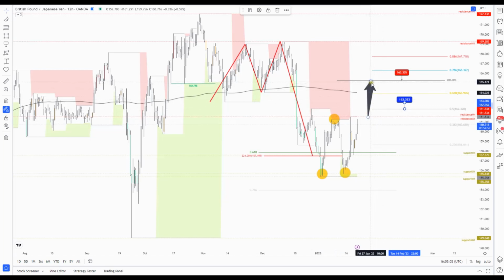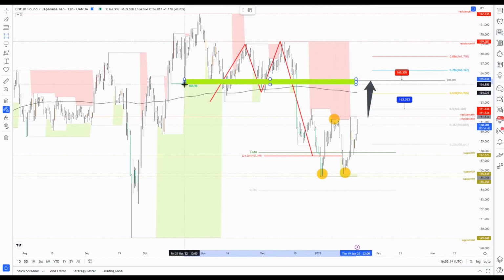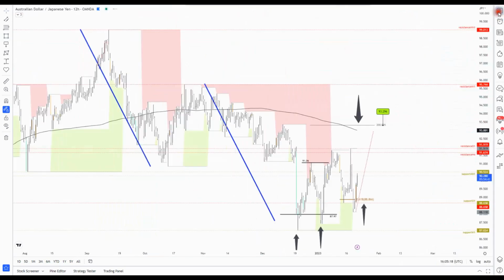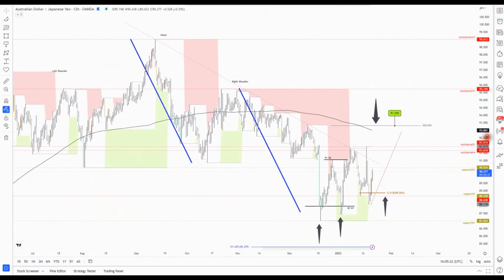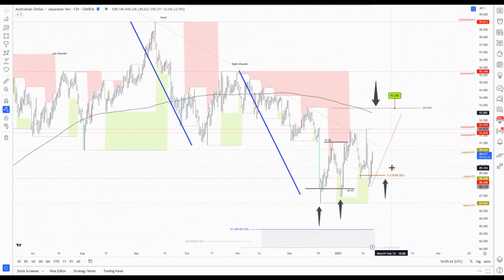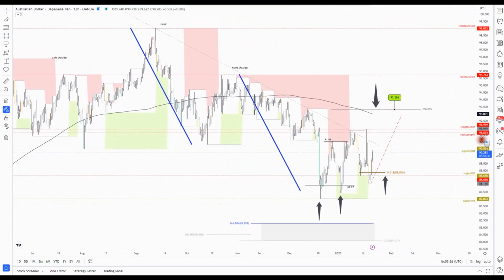So I will not be surprised to see this technical double bottom also for the pound versus the yen, and a move towards the 200% Fibonacci extension level, which may also converge with a retest of previous support zone. Aussie versus the yen, I called your attention before to the potential bounce from this golden Fibonacci level.